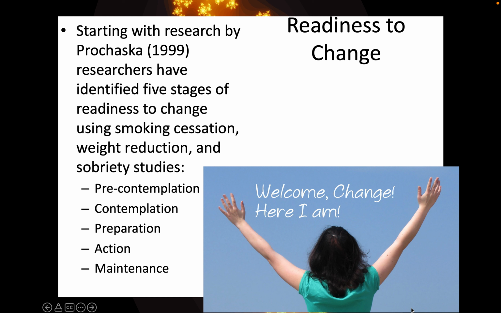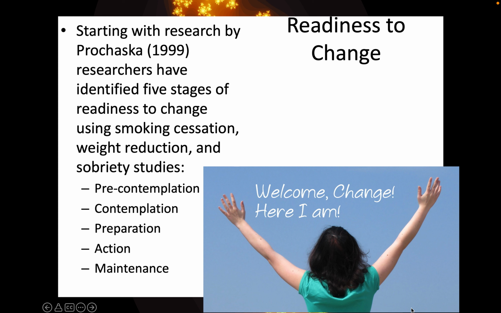The second is contemplation, where they're thinking about changing. The third is preparation, where they are preparing to change. The next is doing something about changing, and the last is maintenance. And of course, all of these were determined by looking at smoking cessation programs, weight reduction programs, and sobriety studies.